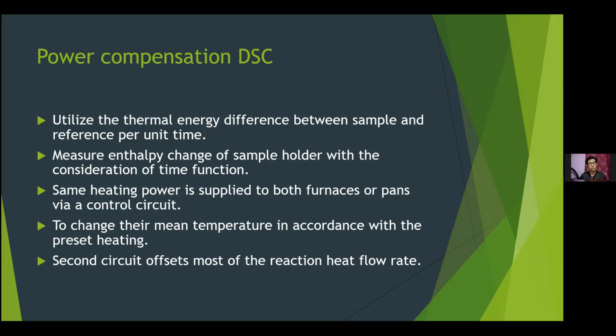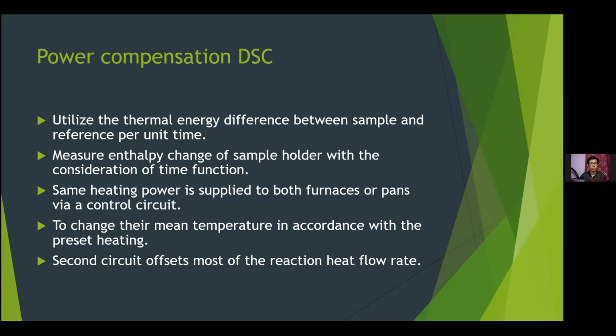This step is required in order to change their mean temperature in accordance with the preset heating. The temperature of both micro furnaces or pans is always equivalent when there is ideal thermal symmetry.